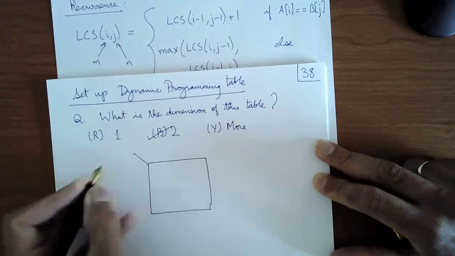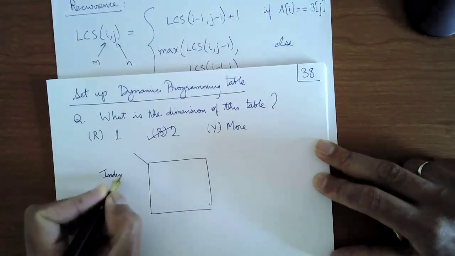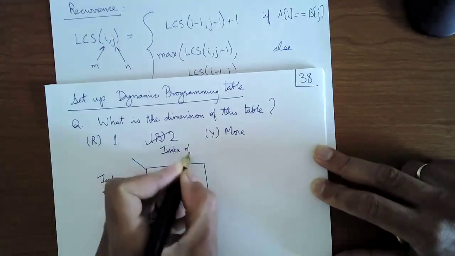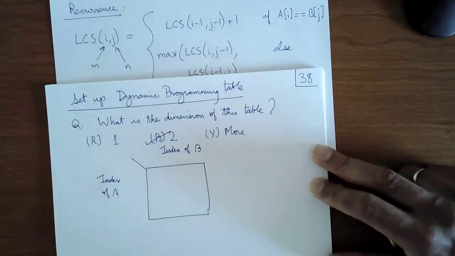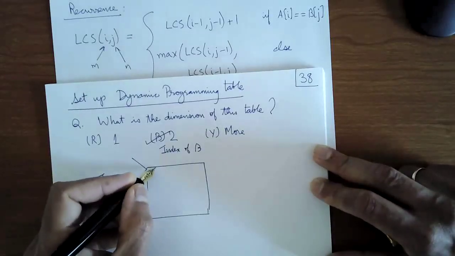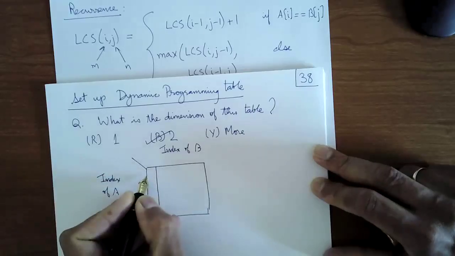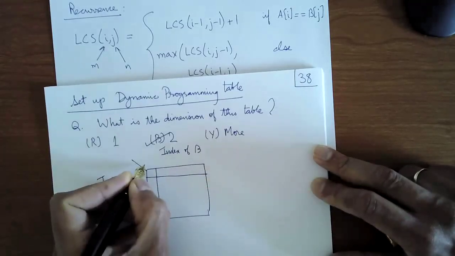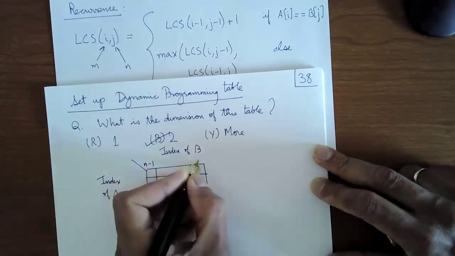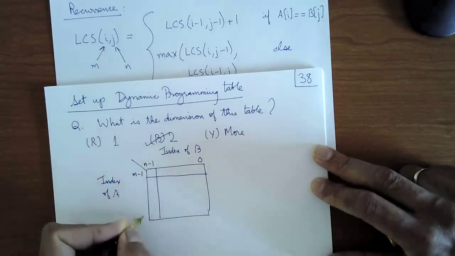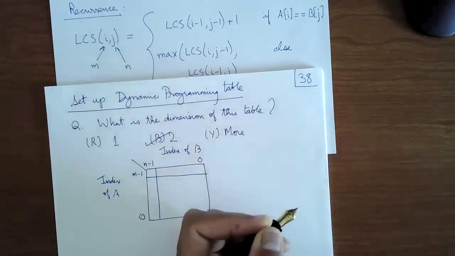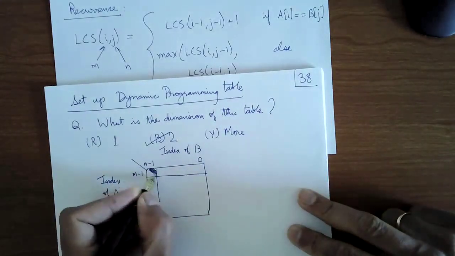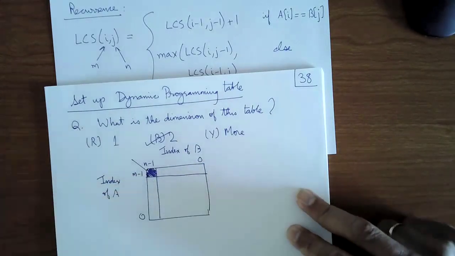I'll say this is the index of A, and the other side is the index of B. Just for convenience, I'm going to sort these in decreasing order, so I'm going to start with the index going from n minus 1 to 0 and m minus 1 to 0. This is just so that the top left square is the answer that I'm looking for.